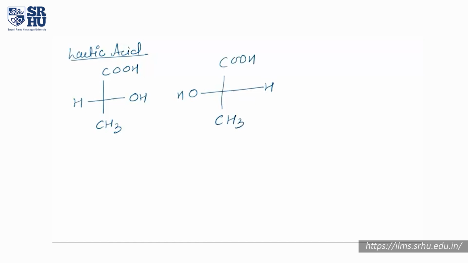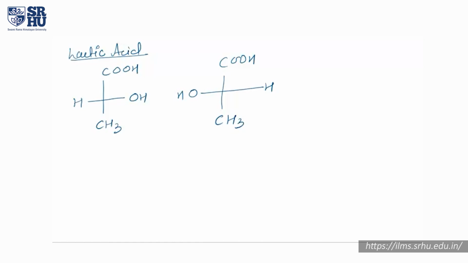If you draw the structure of lactic acid in Fischer way, its structure is like this: OH, CH3, and its isomer can be written as OH, H, COOH, and CH3. So this is our lactic acid.